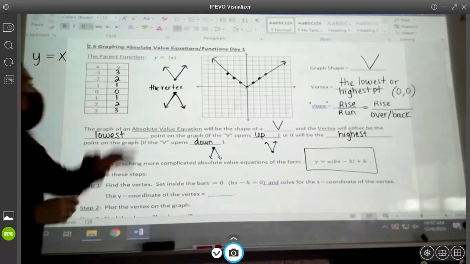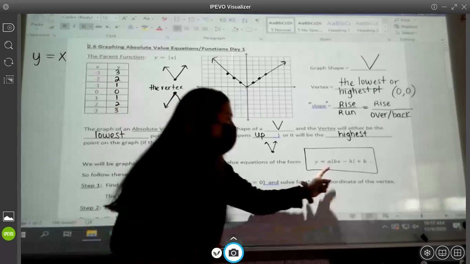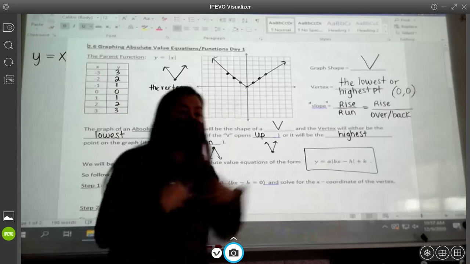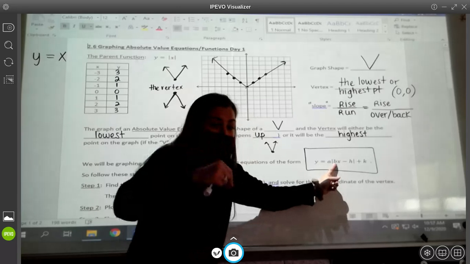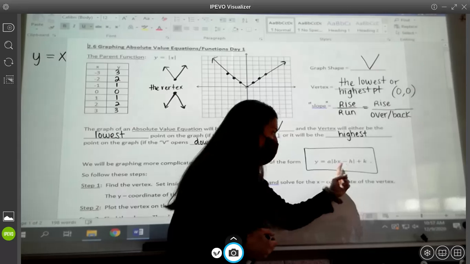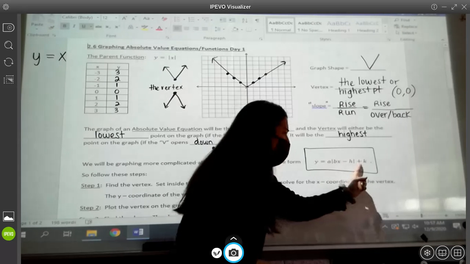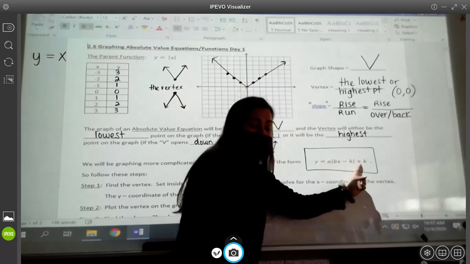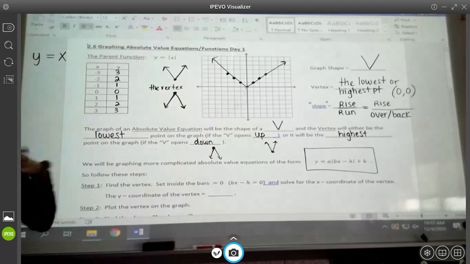If they put a number in front of the bars, we call that number A. If they put a number in front of X inside the bars, we call that number B. If they add or subtract a number from X inside the bars, we call that number H. And if they add or subtract a number to the outside of the bars at the very end of the problem, we call that number K. So guys, the equations are going to have all these numbers inputted into them, and it's going to make the graph much more complicated, okay?